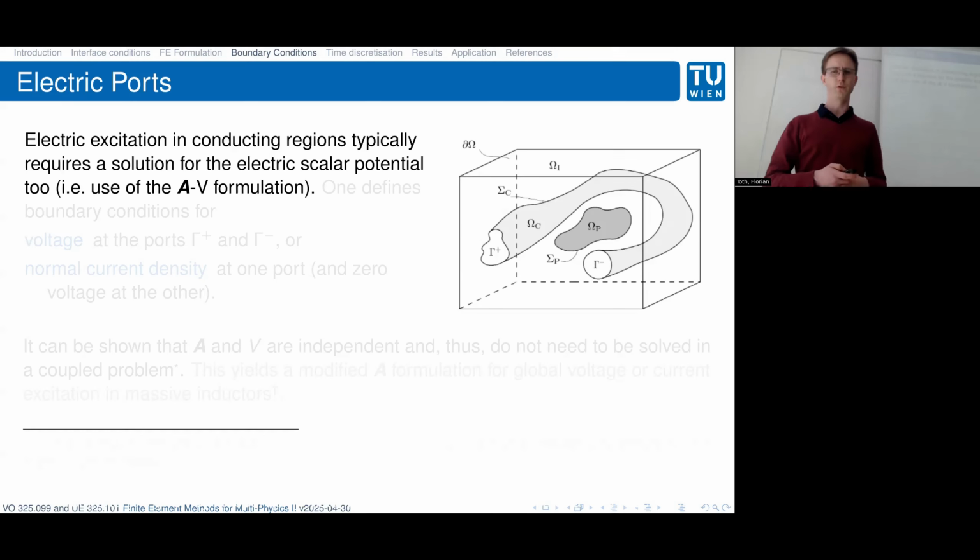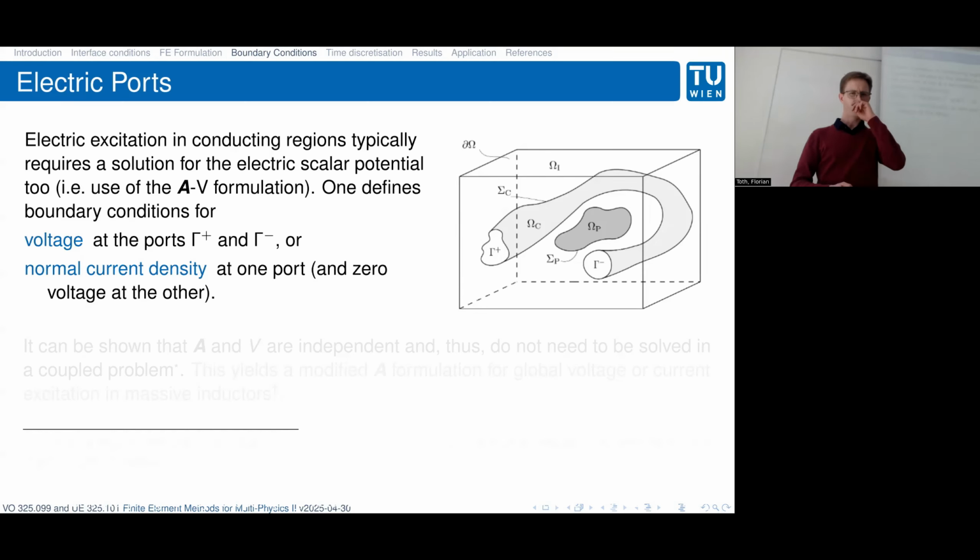And assume we want to prescribe a voltage difference at these ports. What we then typically want is either this voltage difference or some normal current density or total current density that goes through this inductor. But this inductor will, of course, also allow the development of eddy currents in it.